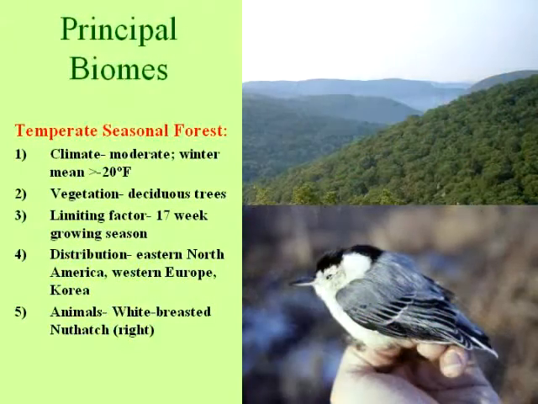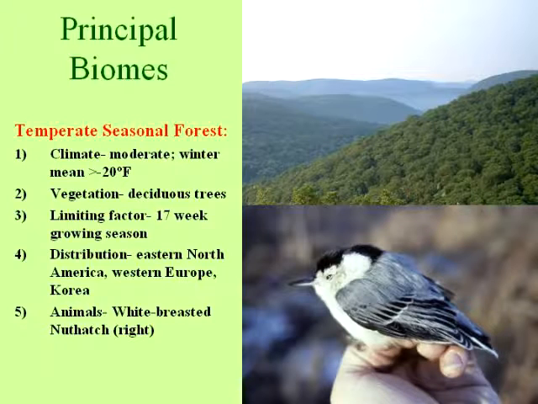So let's again summarize the characteristic features of the temperate seasonal forest. In climate, it is more moderate than the last two biomes we've looked at, with winter temperatures rarely getting to minus 20 degrees Fahrenheit. It also is a reasonably moist environment.